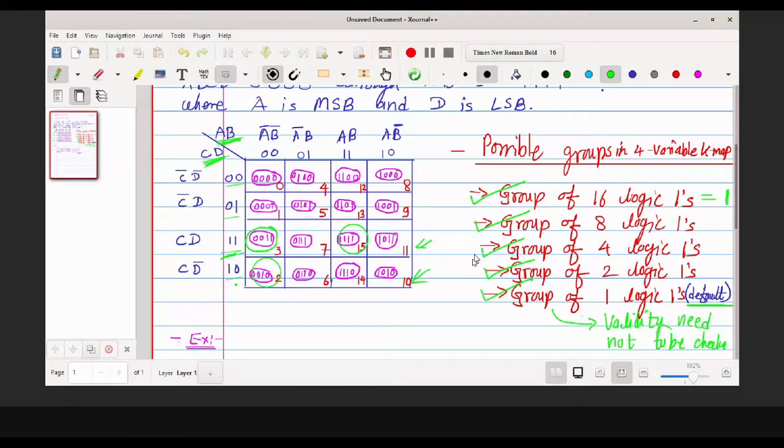So we'll directly start using this 4 variable K map, because the fundamental basis in any K map is that it follows A plus A bar is equal to 1. That basis is always there, whatever size of K map or number of variables you take. So just copy this.